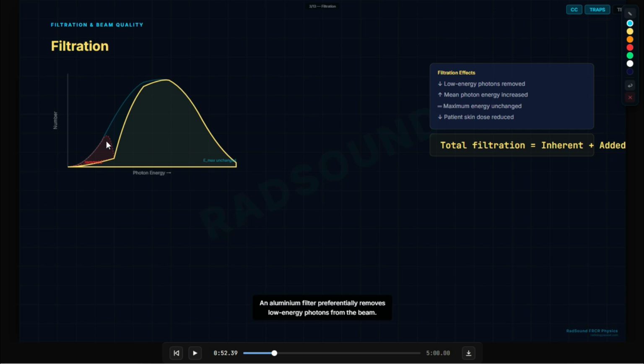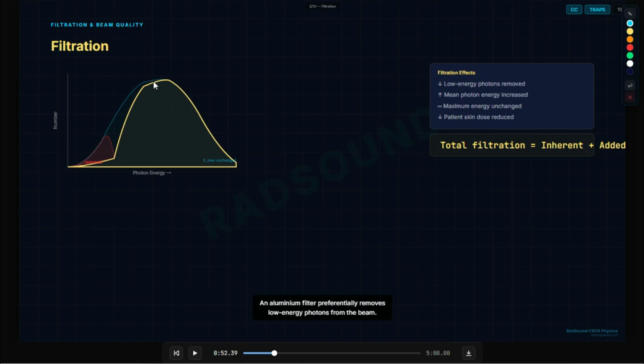Now, as the added filtration happens, the number of X-ray photons coming out of the source decreases, because of the absorption of the low energy photons. We mostly use aluminium. The minimum amount that we add is mostly between 2.5 to 3 millimeters of aluminium.